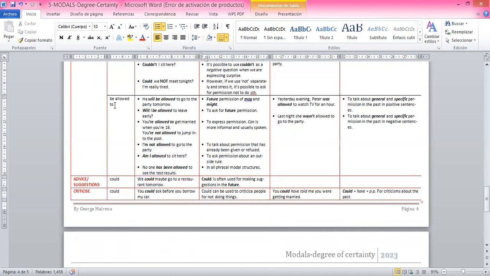Okay, let's see some examples that we have there. He will be allowed to go to the party tomorrow. "To be allowed" is like when you get permission to do something, okay? When you are available to do something. Allow, allowed.